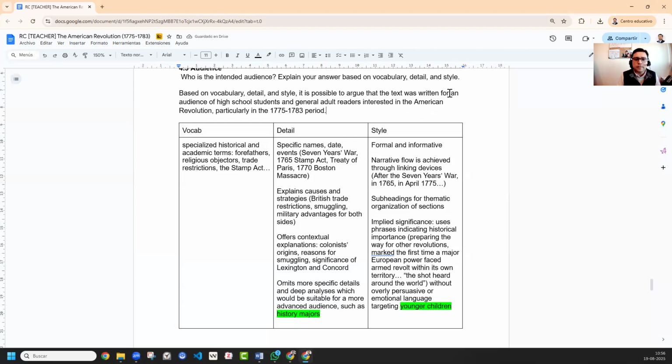Okay, so this is the first part of the answer. Here we state what the audience is, but we already announced that this answer is based on vocabulary, detail, and style. Okay, so now we need to expand on each of those points.